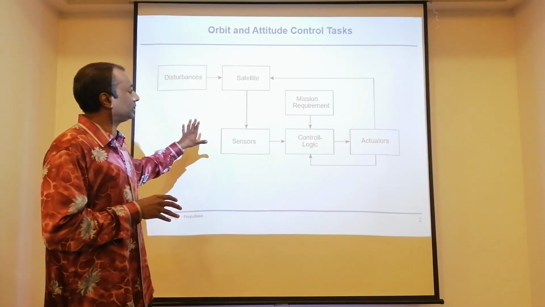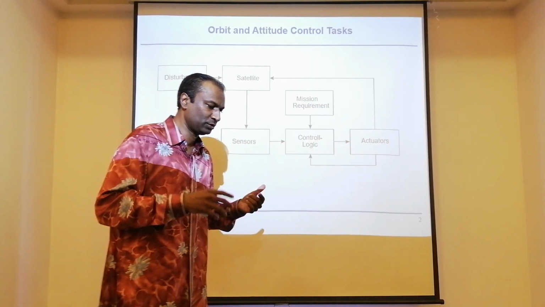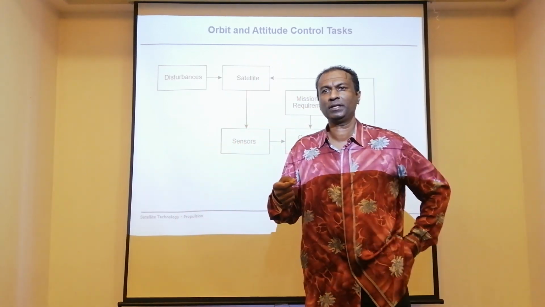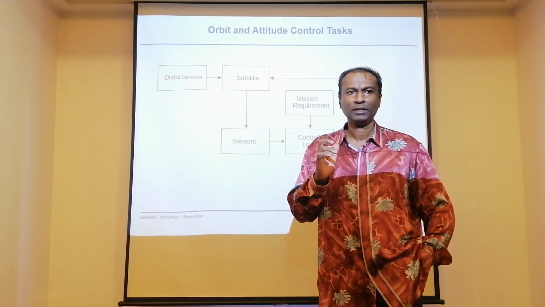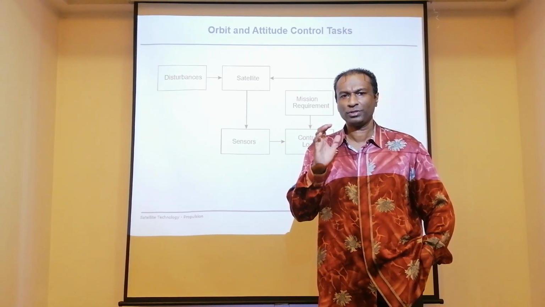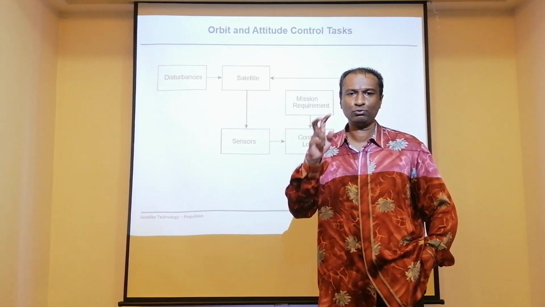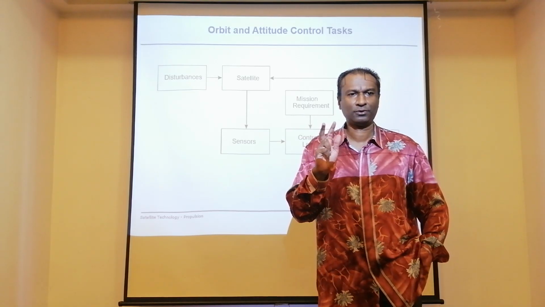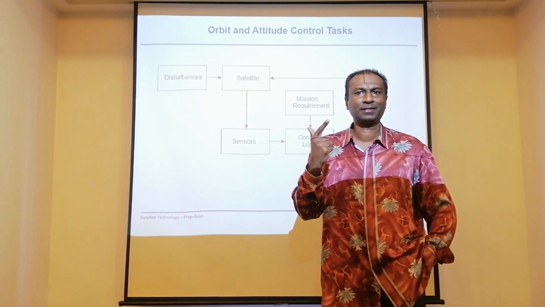So let us define the satellite motion. We know we are going to inject the satellite into the orbit, then there will be motion. There are very clearly distinguished motions of a satellite or any rigid body in space. There are two major motions that we always look into: the rotational motion and the translational motion.